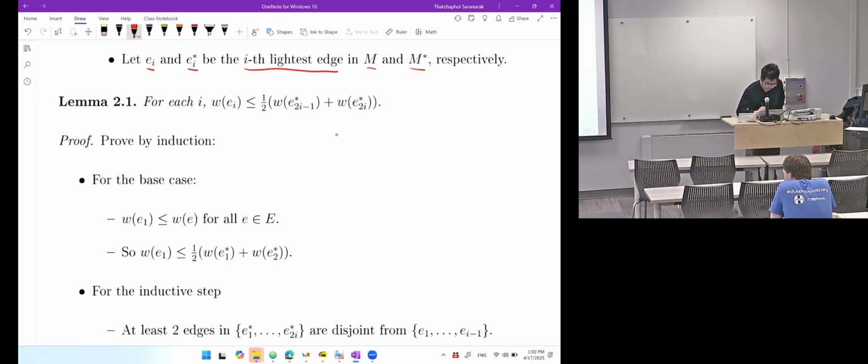So this is M: e_1, e_2, e_3, e_4, up to e_m, and e star 1, e star 2, and so on. The weight of this guy is going to be at most, actually, I'm going to prove that the weight of this guy is at most the weight of both of these guys. I can replace this by min actually.